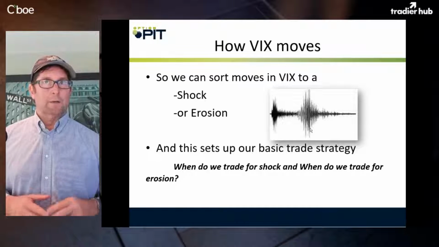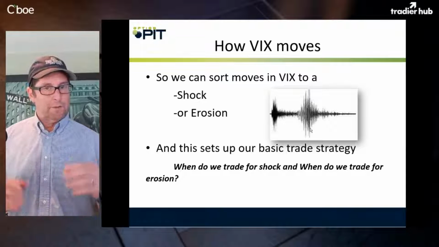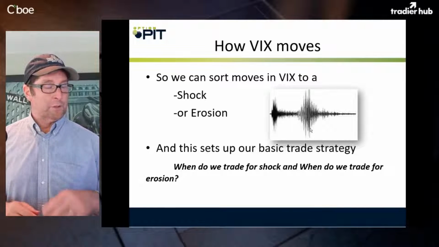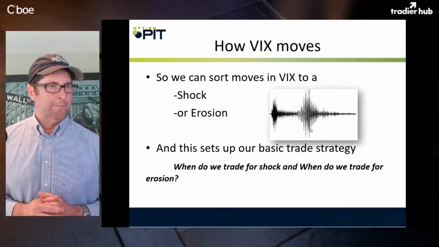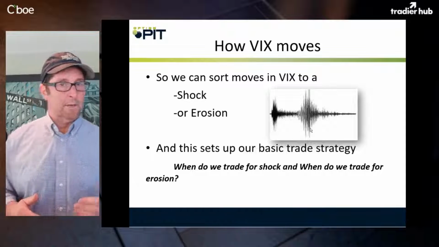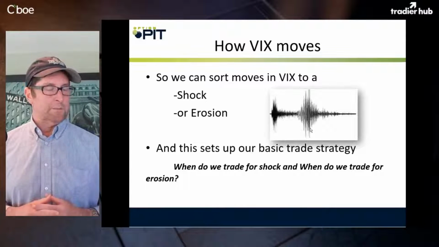And I'm going to pick a different strategy than if I just think that the future is going to erode down to the cash over time, or the future erodes up to the cash over time. So you have two speeds. VIX itself as an underlying cruises at two different speeds.